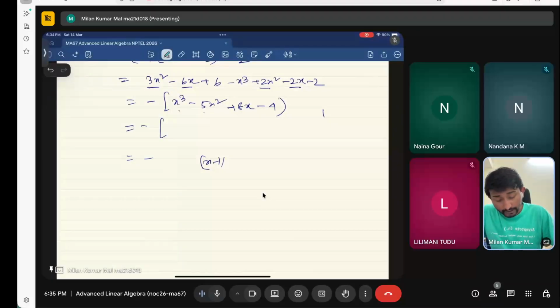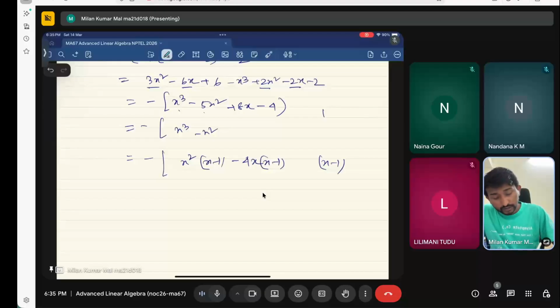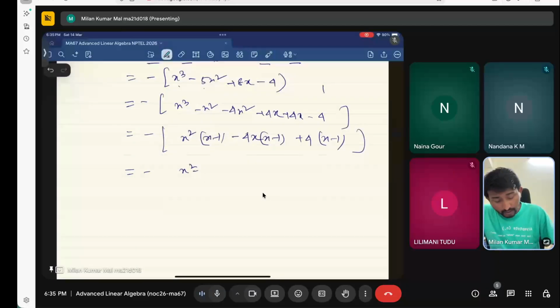So this is x cube minus x square, so we need to adjust: minus 4x square plus 4x, so we need 4 more, minus 4x plus 4. So this is actually minus (x square minus 4x plus 4) into (x minus 1). So this is equal to minus (x minus 1)(x minus 2) whole square.